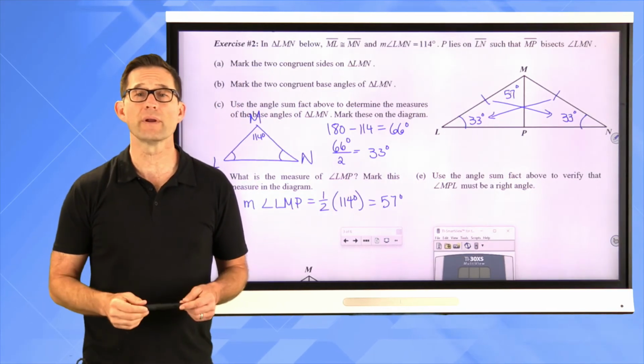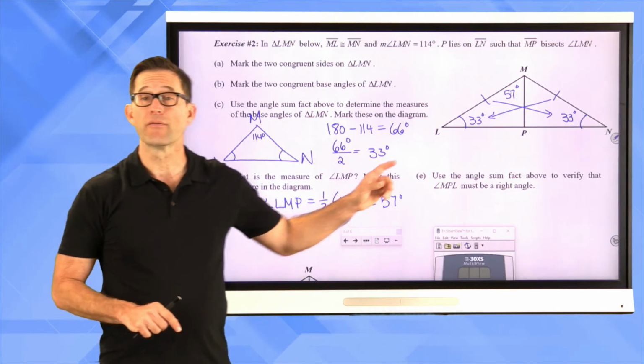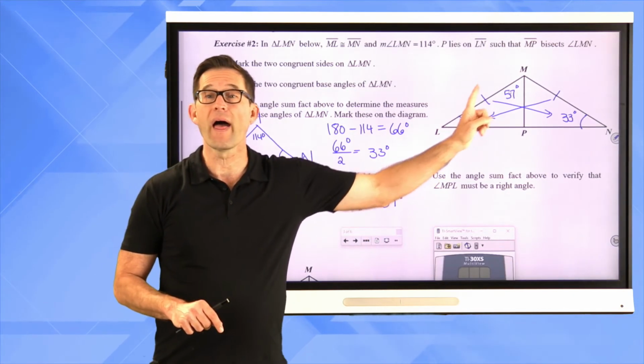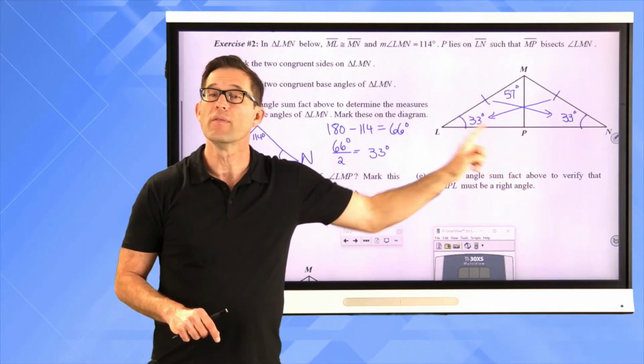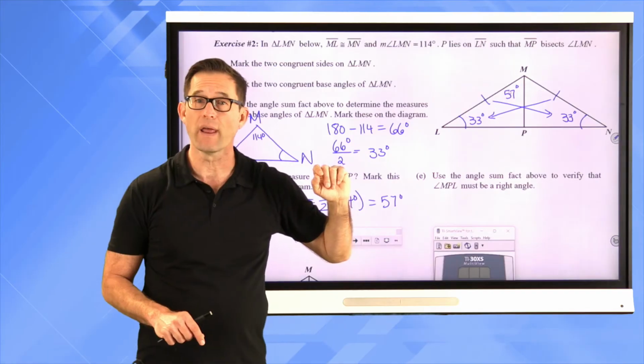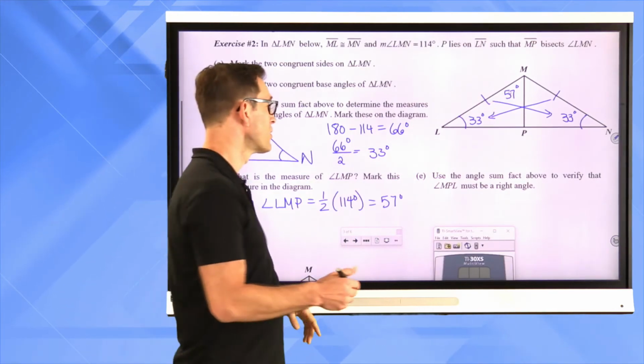And finally, letter E. Use the angle sum fact above to verify that angle MPL must be a right angle. All right, again, simple enough. We know that within triangle LMP, those three angles must add to 180. And we have two of them, the 33 degrees and the 57 degrees.